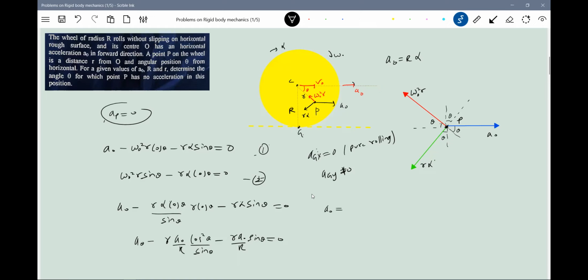A naught is equal to R sin theta by R. Cos square theta R A naught, when you take common, cos square theta plus sin square theta will be 1.